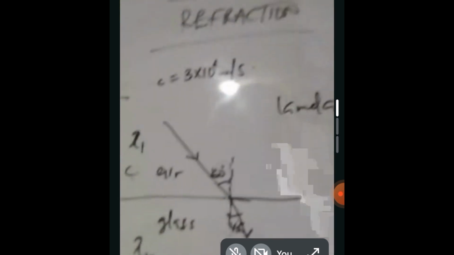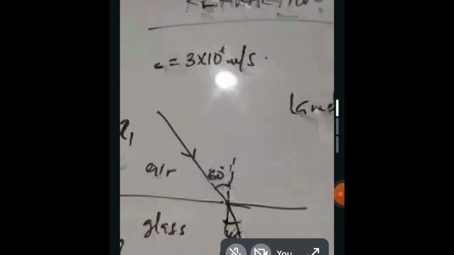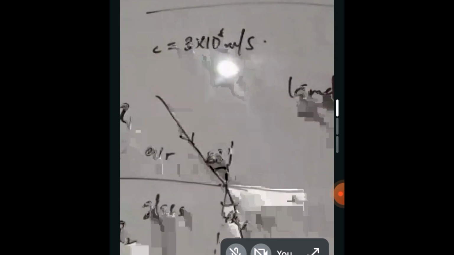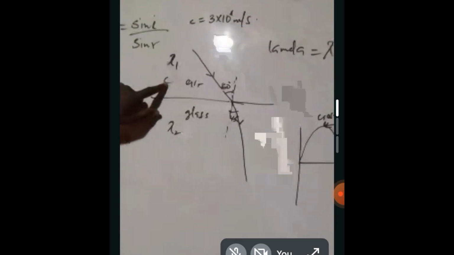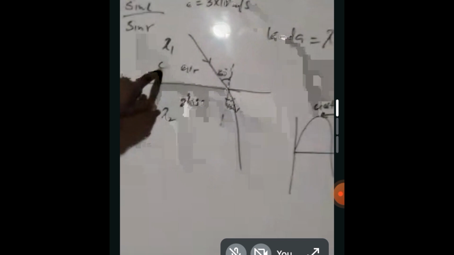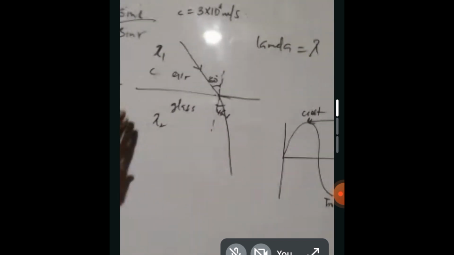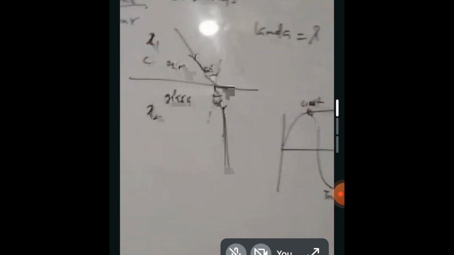Light travels 300 million meters in 1 second. So the speed of light in air is V1 or C. I'm using C now; you can use V1 as well.